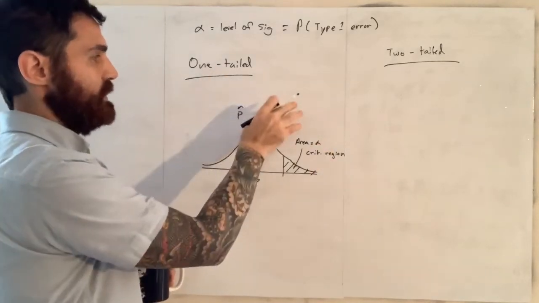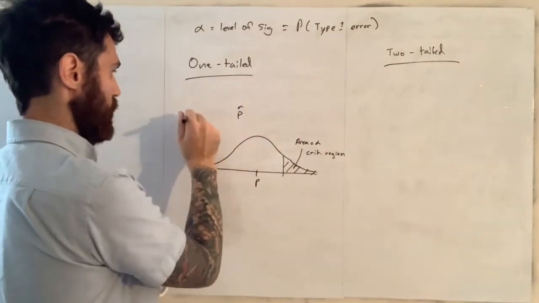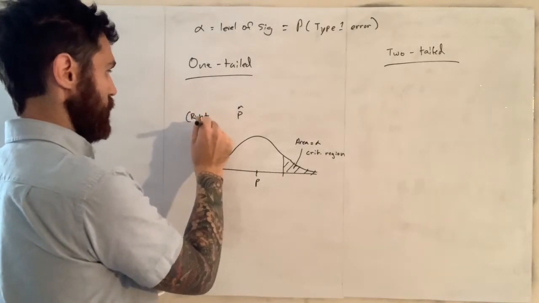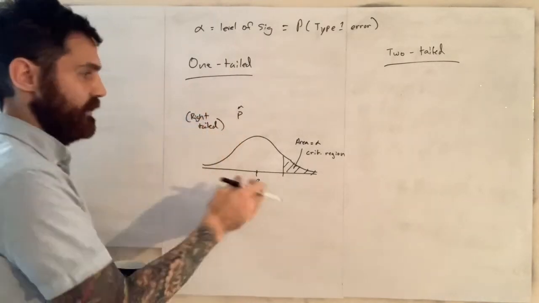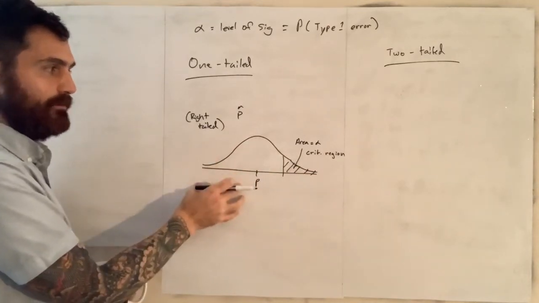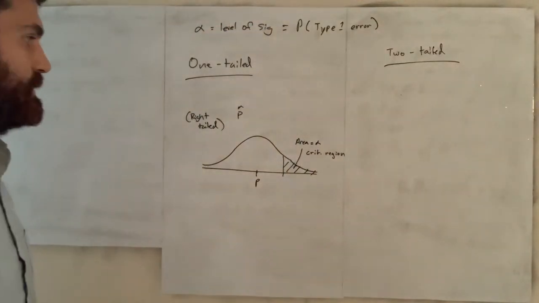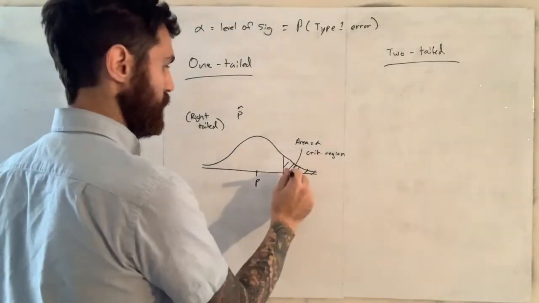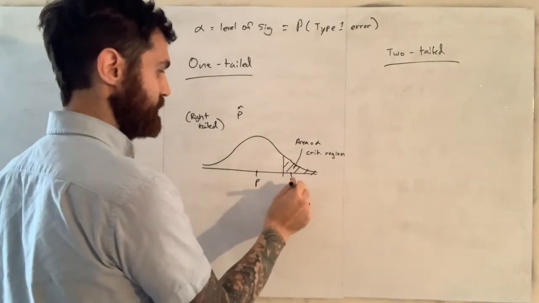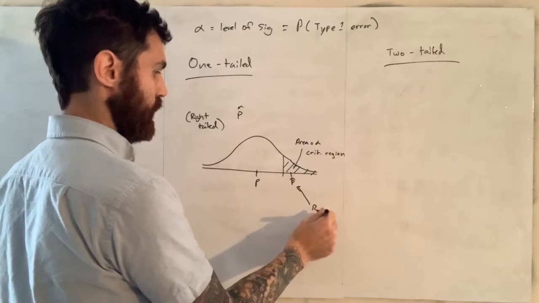This picture is technically right-tailed, like the last example. If it was left-tailed, then that critical region would be on the left. So you look at that, and you do your analysis, and if your p hat is here, that's going to be like our last example, and you're going to reject your null hypothesis.